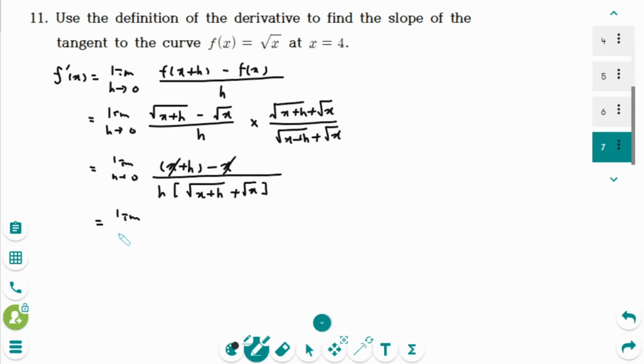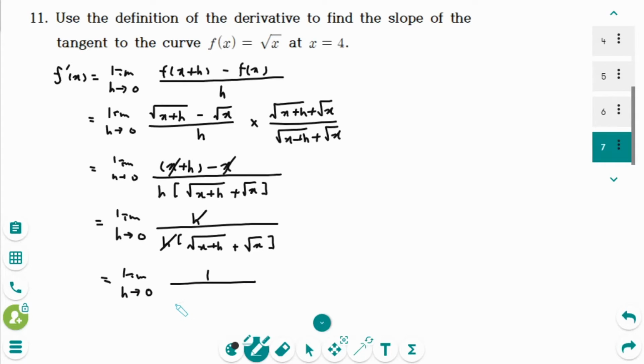Then limit as h approaches 0, h over h times square root of x plus h plus square root of x. Then cancel the common factor h. Then limit as h approaches 0, 1 over square root of x plus h plus square root of x.